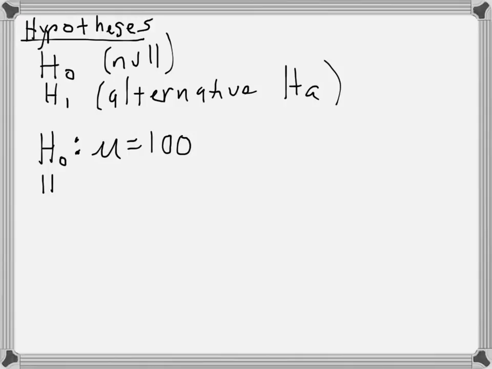I'm going to try to show that my alternative hypothesis is true. So the alternative hypothesis in this case is really going to be the claim that I'm trying to make. I'm trying to make the claim that my school has a mean over 100. So I write my alternative that my mean is over 100.